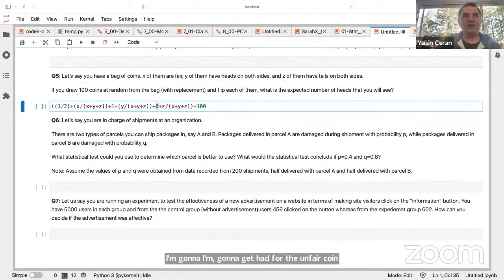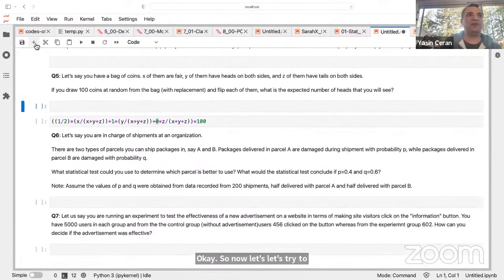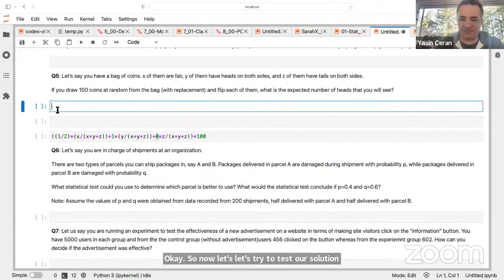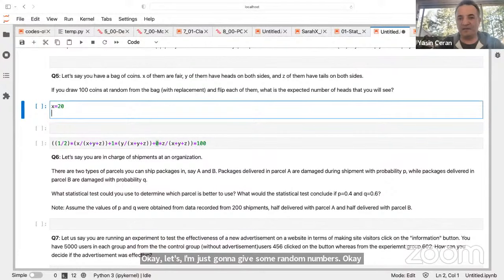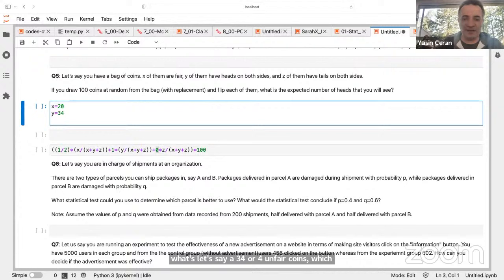Okay, so now let's try to test our solution. I'm just going to give some random numbers. Let's say I have 20 fair coins, 34 unfair coins which are both heads, and 13 other unfair coins which are both tails.